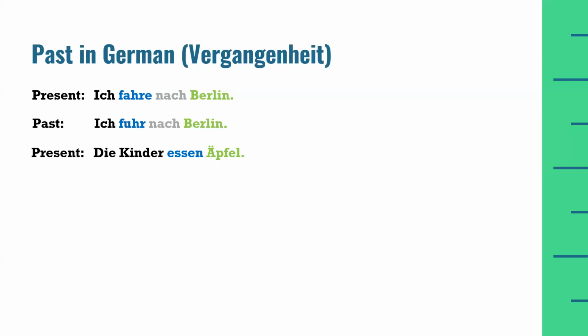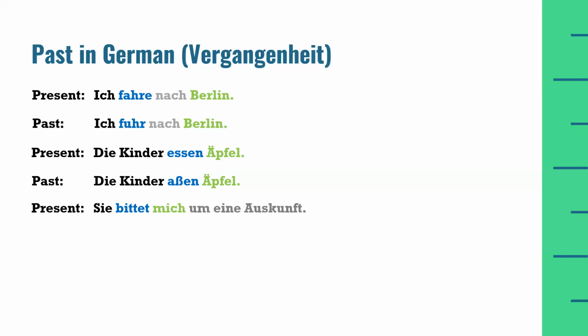Die Kinder essen Äpfel. The children are eating apples. Now, if I want to convert it into a past sentence, I would say Die Kinder aßen Äpfel. So what I have done is I have kept the subject of the sentence the same, the object will remain the same, and I have to replace the present form of the verb with the past form of the verb.